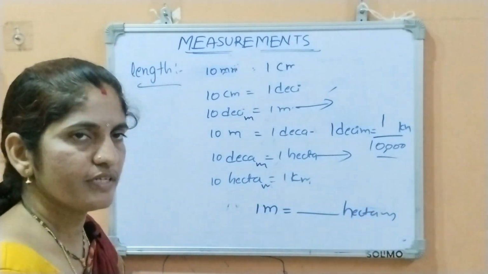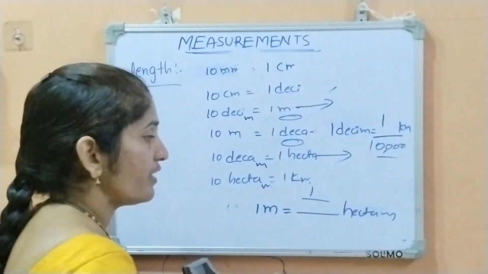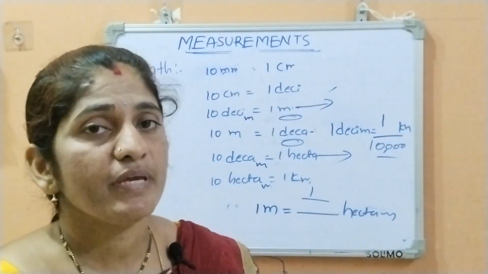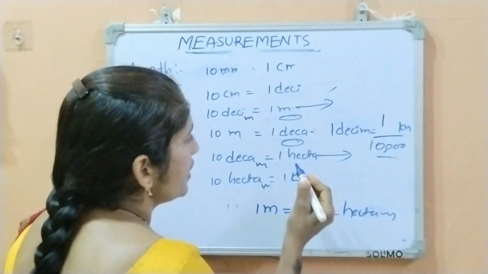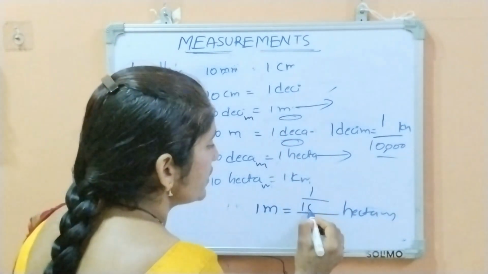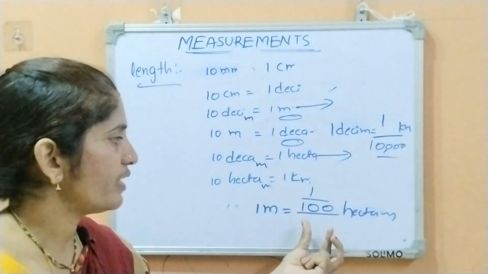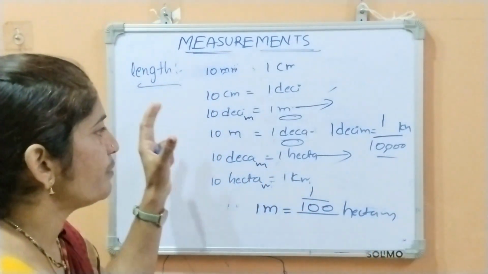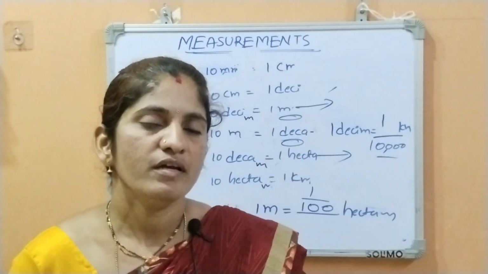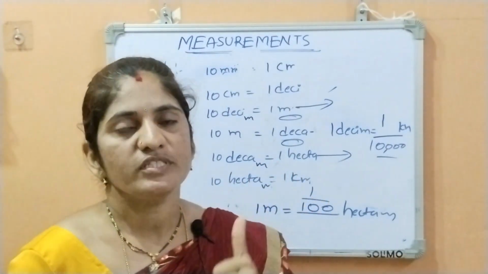Here it is hectometer. How many gaps are there? 2 gaps. We are converting smaller units to bigger units, so in that case we are going to write zeros in the denominator. 2 zeros we are going to write in the denominator. That is 1 meter equals 1 by 100 hectometers. This principle is applicable for capacity, mass and length measurements.